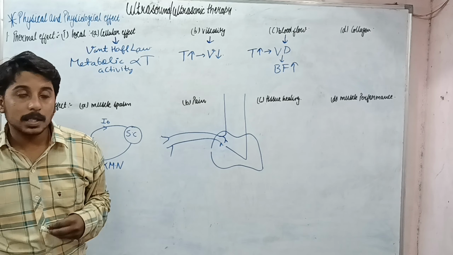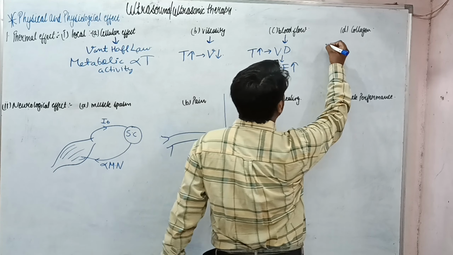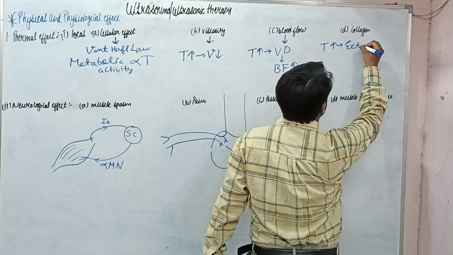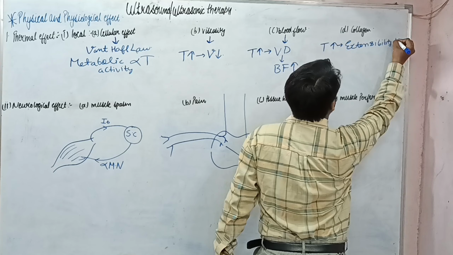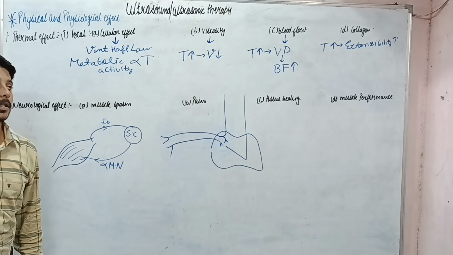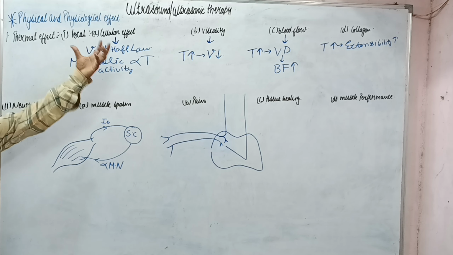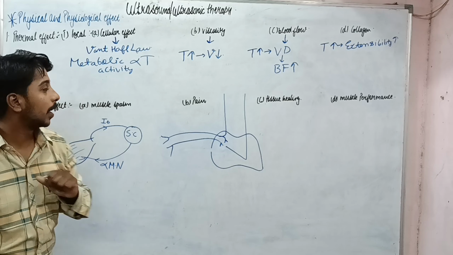Then on collagen, the temperature is increasing, which will increase the extensibility, which is the effect on collagen. So the local thermal effects are cellular effect, viscosity, blood flow and collagen.